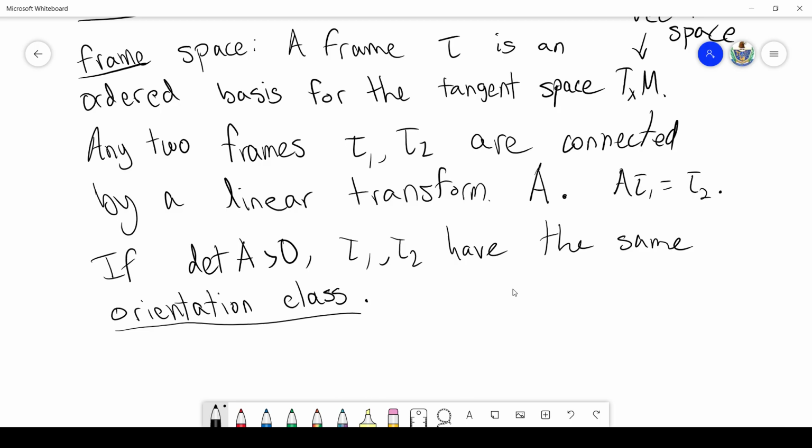Since these are bases, the determinant of A will never be 0, so it's either going to be positive or negative. If it's negative, that implies different classes.